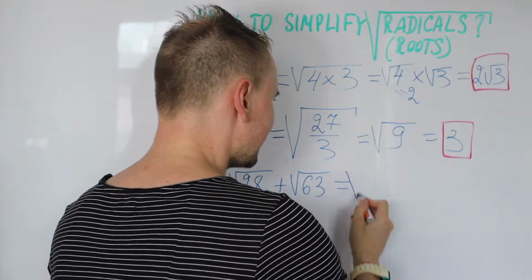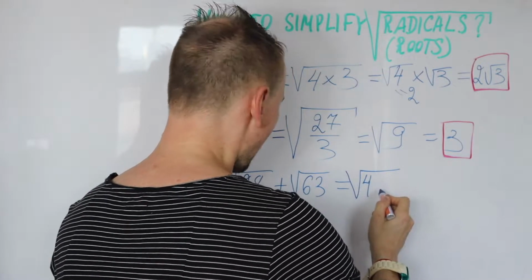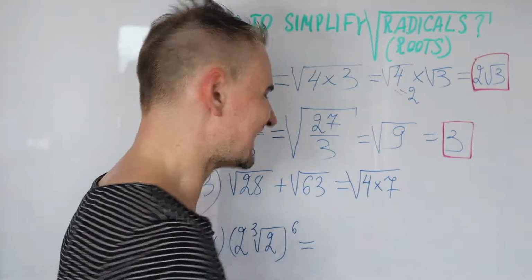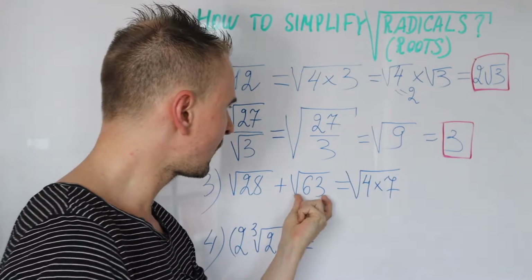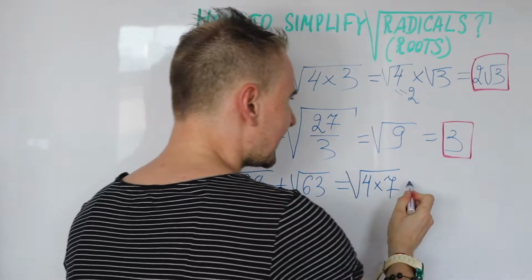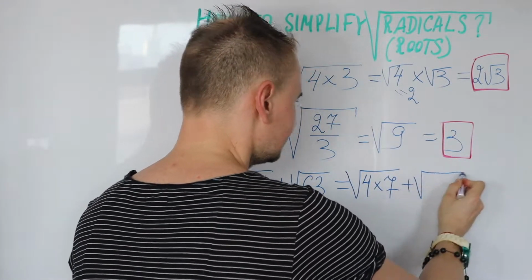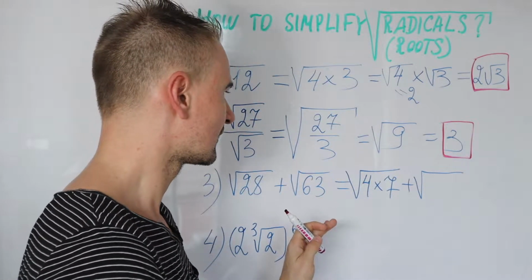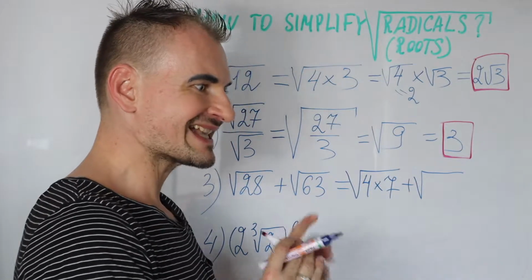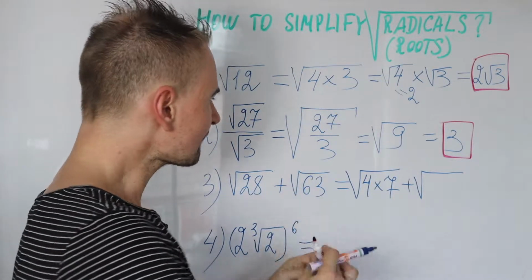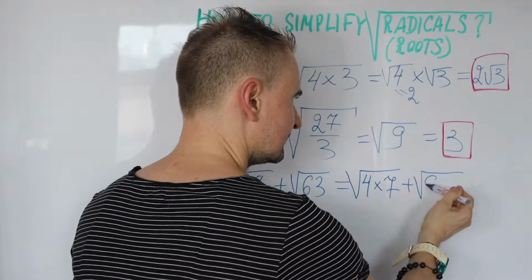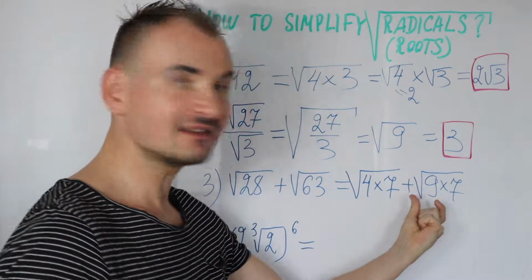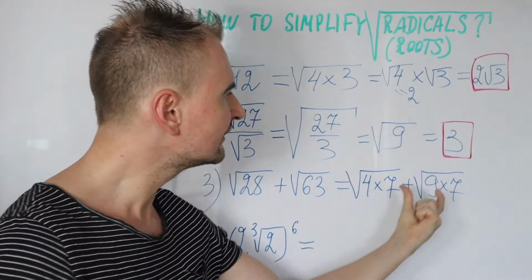So express 28 as 4 times 7. Moving on. How about 63? Keep the addition. For 63, you would have 9, which is a perfect square, times 7.